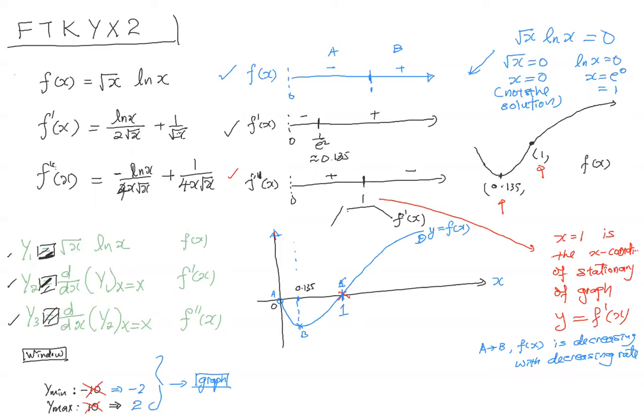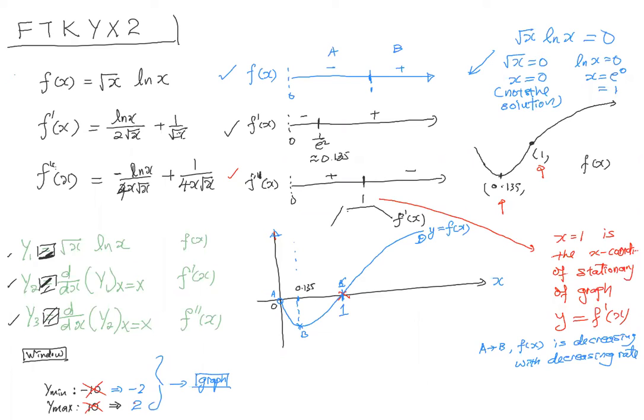So that's why the value of your f prime x, the one I am going to do in black. You see, decreasing with decreasing rate. That means it's from very negative to less negative.